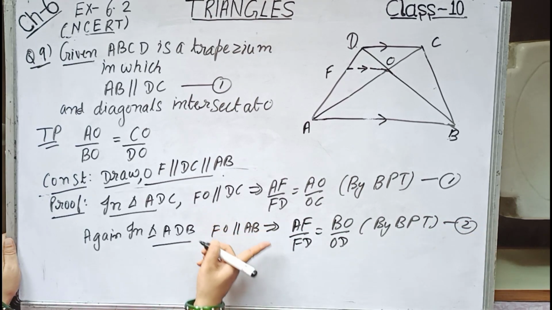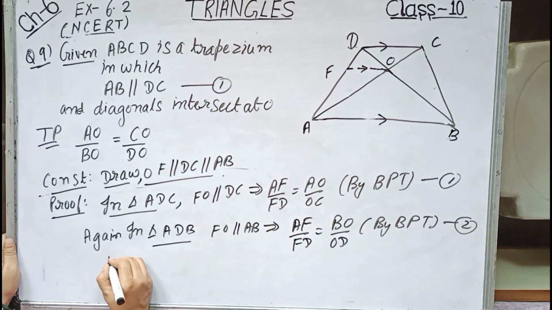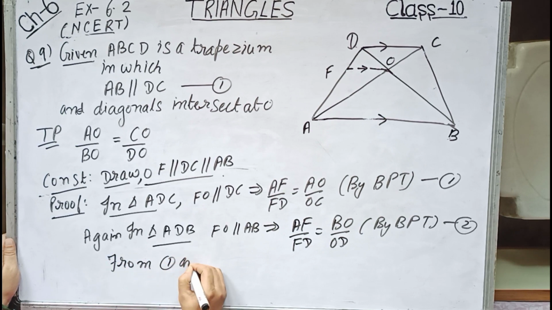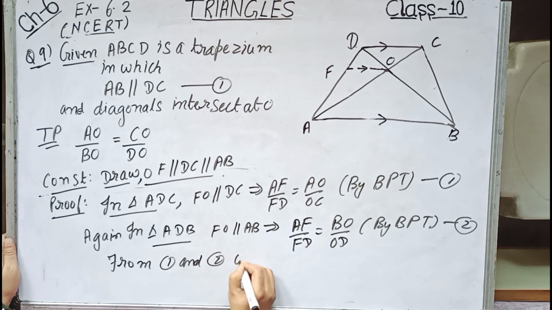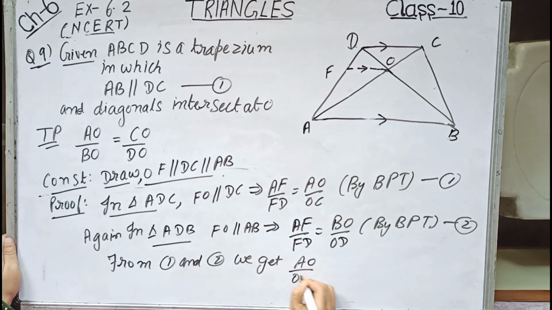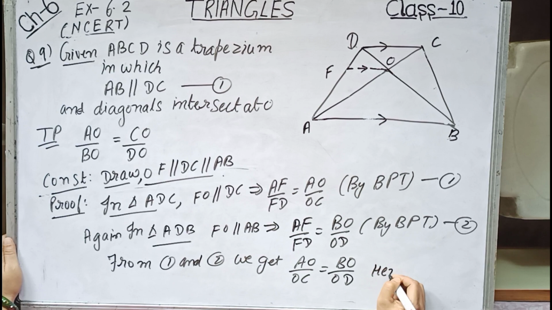Now from 1 and 2 we can see LHS is equal. From 1 and 2 we get AO by OC equals BO by OD, and hence proved.